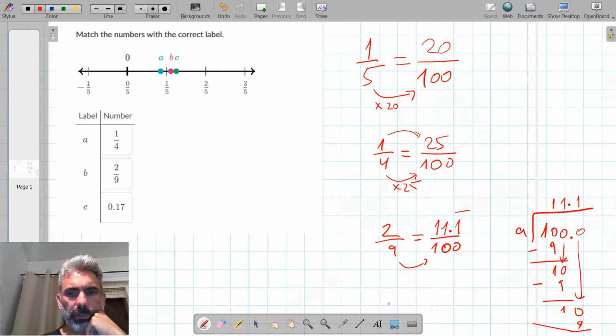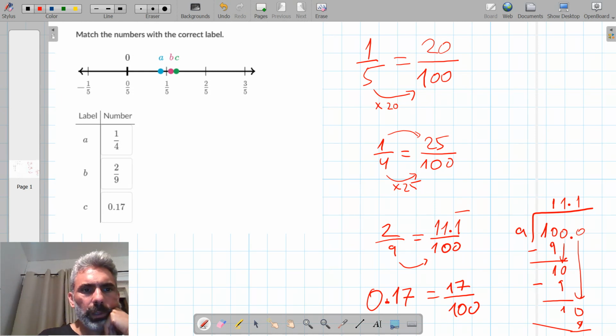And 0.17 is 17 hundredths. So this number here is greater than 1/5. So what I have, 2/9 are less than 1/5.